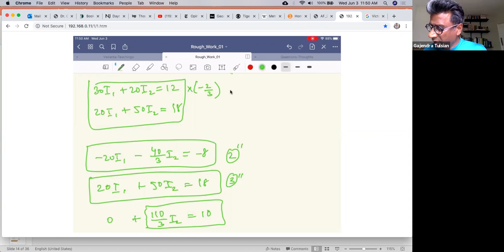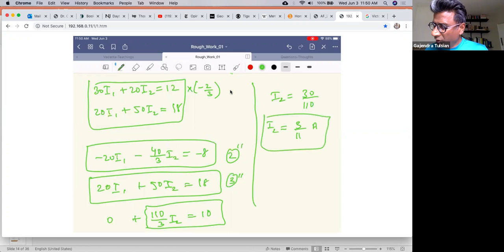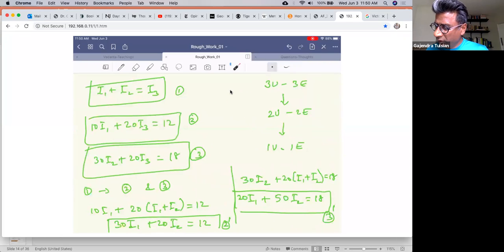So let's solve this. So I2 is 30 divided by 110. 3 over 11 amps. And then you can substitute this value in any one of these equations and solve for I1. And once you have I1, then you can put it in there and get I3. Okay.